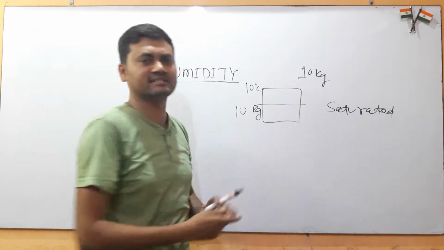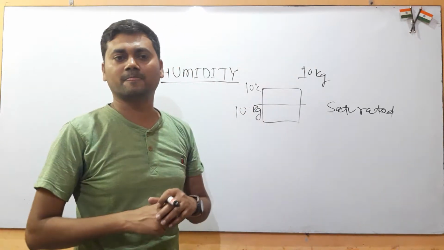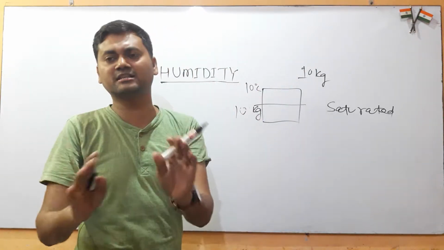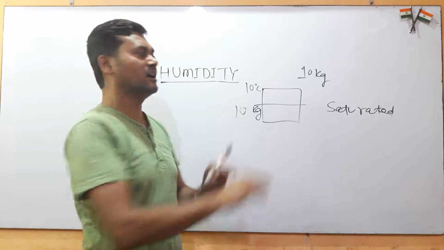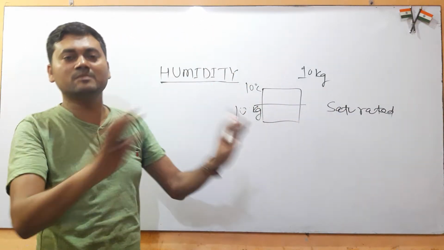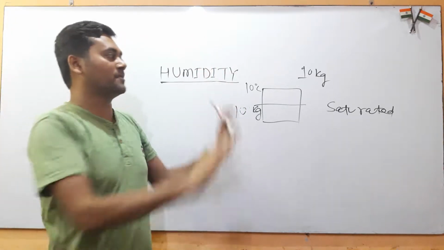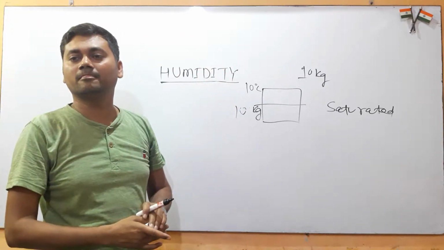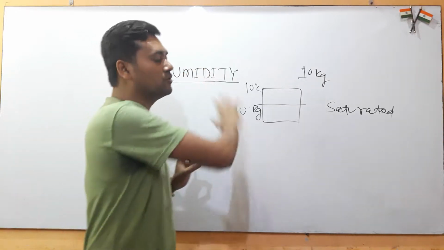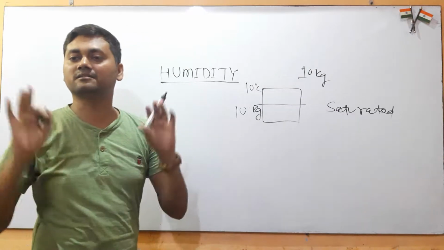If it is 40% saturated, we can add 60% more. If it is 80%, there is only 20% scope. And if it is 100% saturated, it means the maximum water vapor holding capacity of that particular air has been achieved, and now this air is 100% saturated.